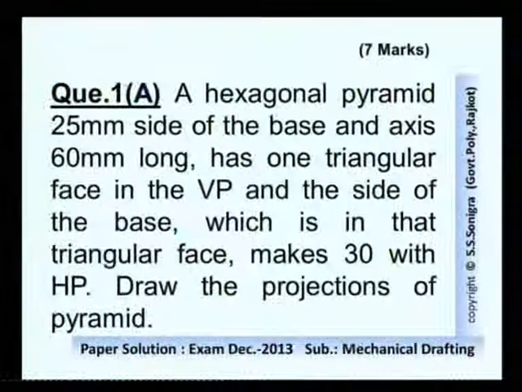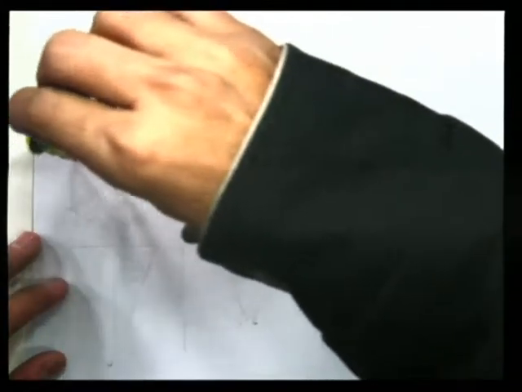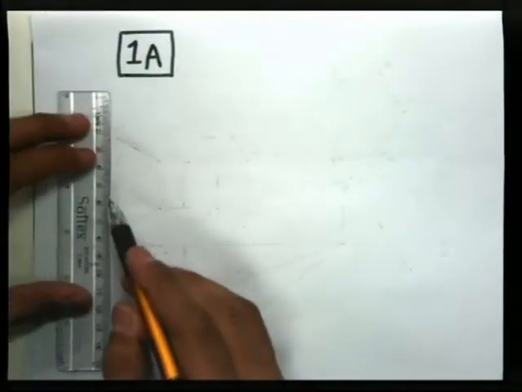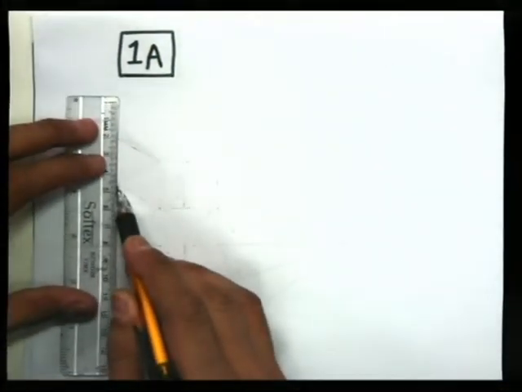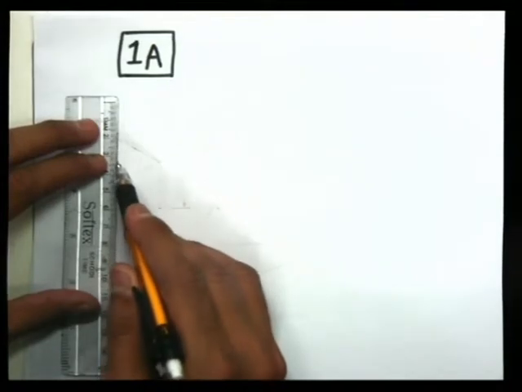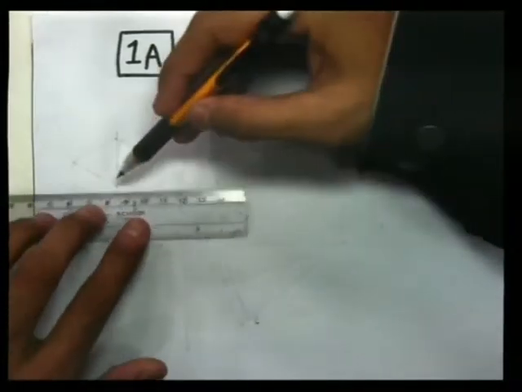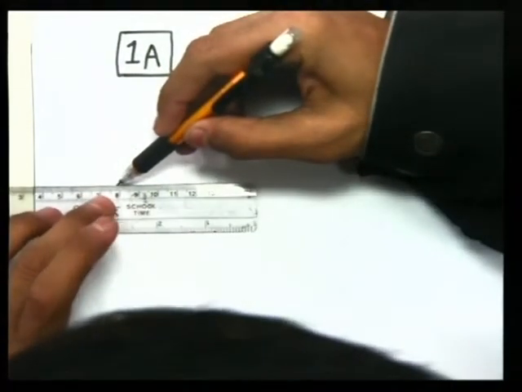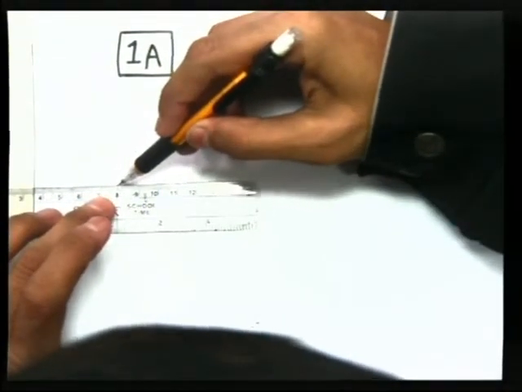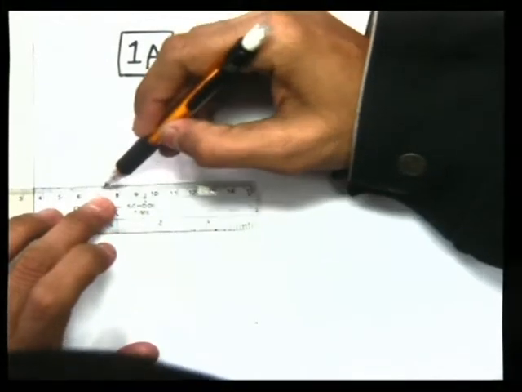Then draw its center lines from the center of that circle on both sides, the horizontal center line and the vertical center line like this.